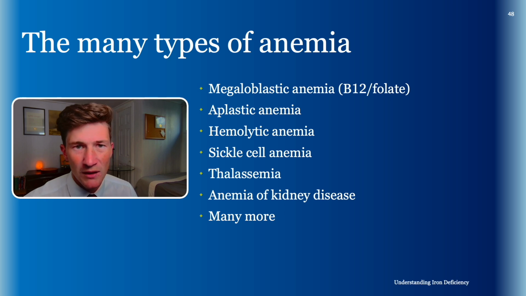Your kidneys produce erythropoietin, which is the hormone that travels to the bone marrow to signal it to produce red blood cells. Your kidneys aren't producing enough erythropoietin, and because of that, you don't end up with enough red blood cells. And again, there are many more types of anemia, but these are just some of the most common ones.